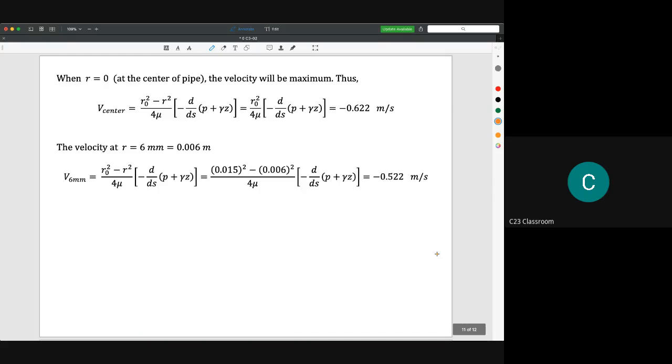Okay, so this is the calculation for the V at the center and the value of V at a certain radius. Okay, the negative sign here is because we are stating the axis here, so normally we have the upward axis as positive.